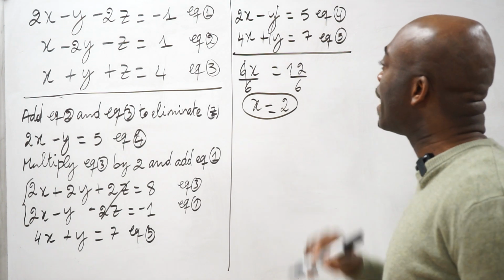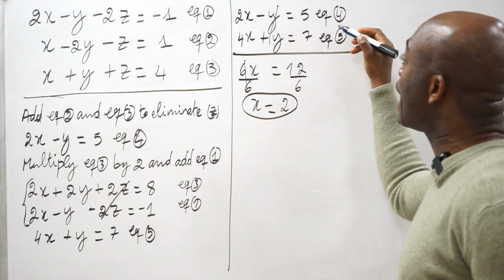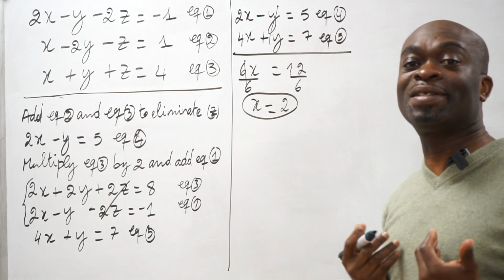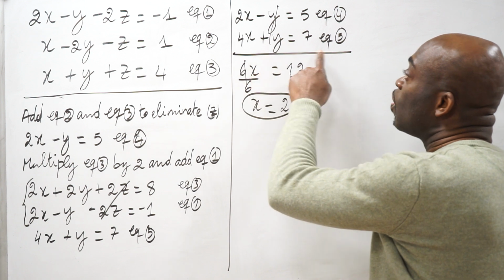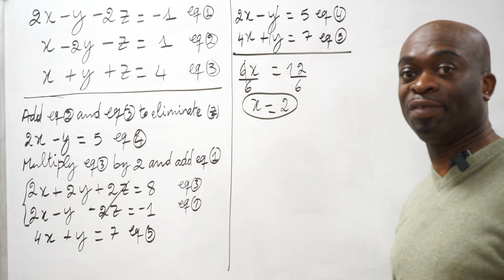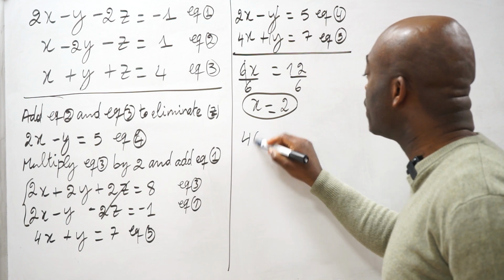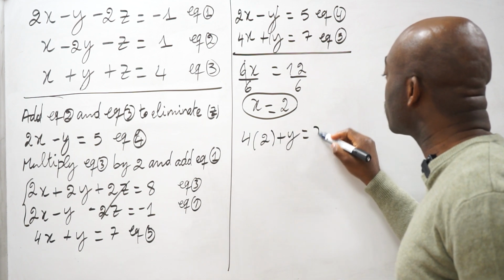Okay? So once I have that, what then is happening? I can solve for y. So to solve for y, I go in one of these two equations. Doesn't matter which one you choose. In this case, because I have y, which is already positive, I can just choose equation 5. So that's 4 times x, which is 2, plus y equals 7.